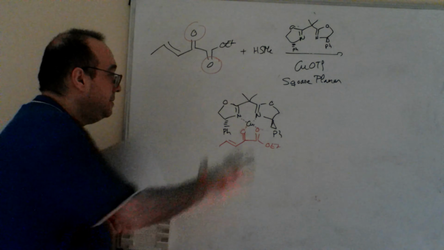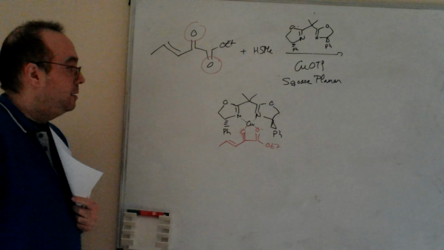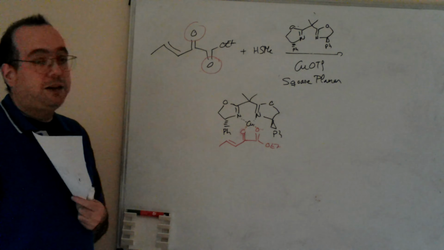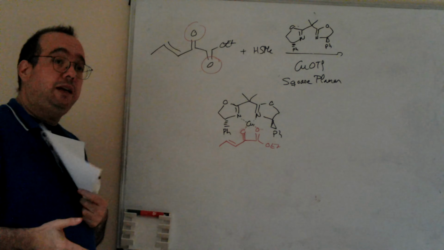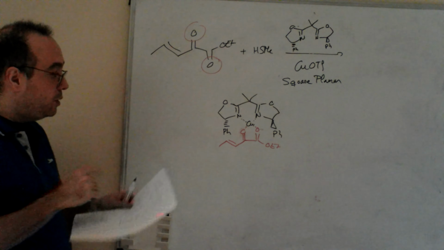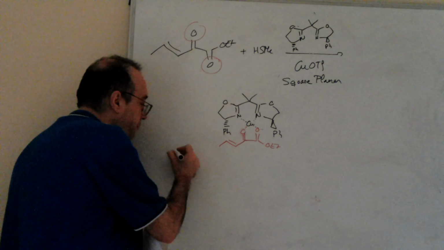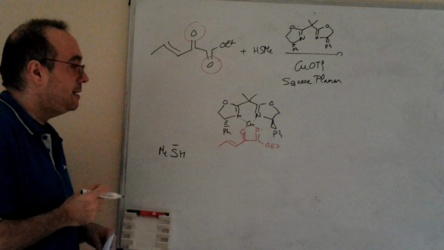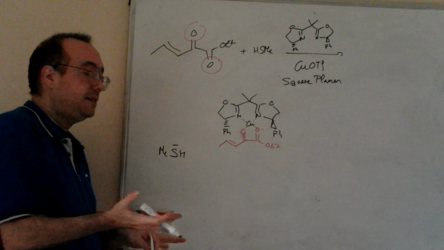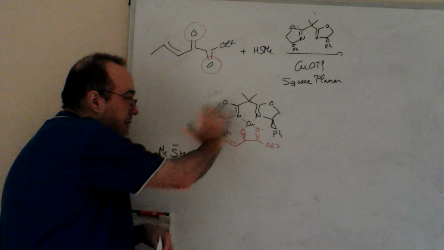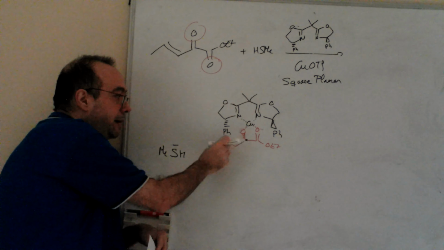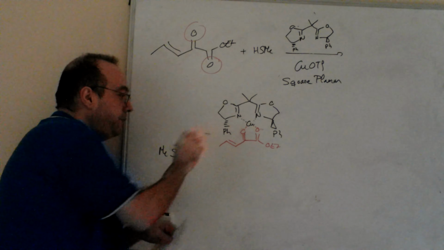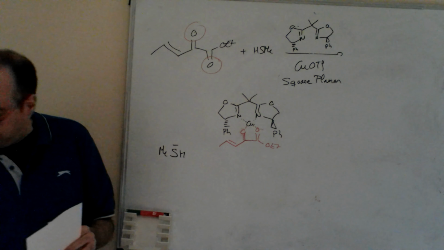If it's a square planar, all the bisoxazoline and the ketoester are in the plane of the whiteboard. What will happen is basically the nucleophile will attack the double bond. For which face? If we check the transition state, the double bond is in the plane of the whiteboard, and from behind we have the phenyl.